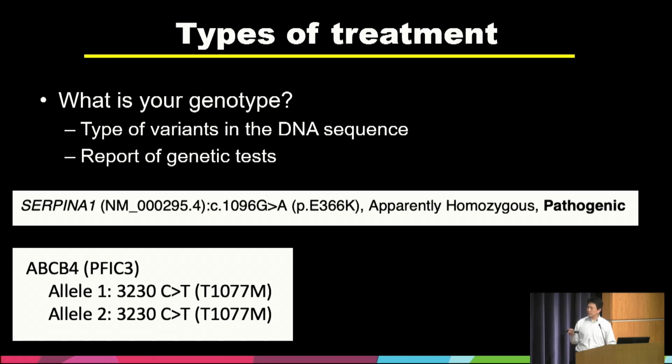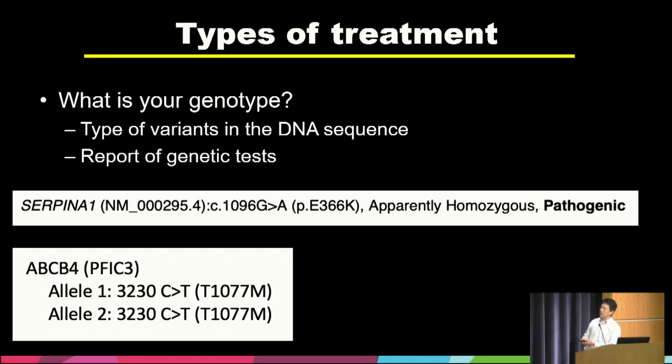You get the name of the gene. This is the gene for alpha-1 antitrypsin, but if it's PFIC, you get ABCB11 for BSEP. Things like that. You can ignore this part. Then you have these two components. One is the actual DNA position: the DNA nucleotide G becoming A. And this is the protein version of it.